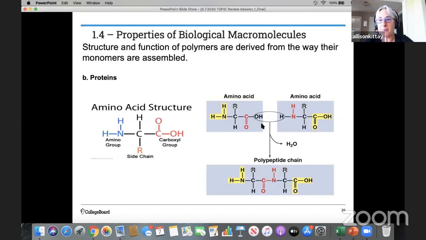So what's going to happen, and this is kind of funny, but what's going to happen is the hydroxyl from the carboxyl group is going to join with the hydrogen from the amino group to form water. When that happens, notice what gets bonded together, the carbon and the nitrogen. And that carbon-nitrogen covalent bond is found only in proteins, and it is called a peptide bond. That's a really important thing to remember.